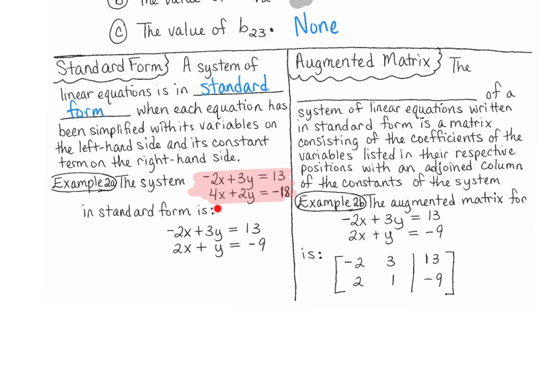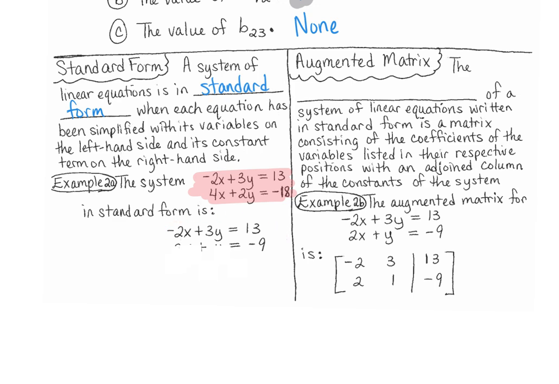So that means we have to simplify equation 2. Equation 1 remains the same, negative 2x plus 3y equals 13. Equation 2, when you divide each part by 2, becomes 2x plus 1y, or just y, equals negative 9. So this system is now in standard form.